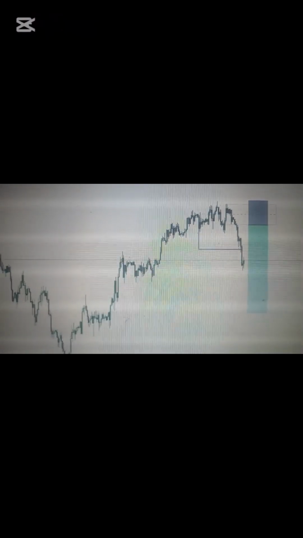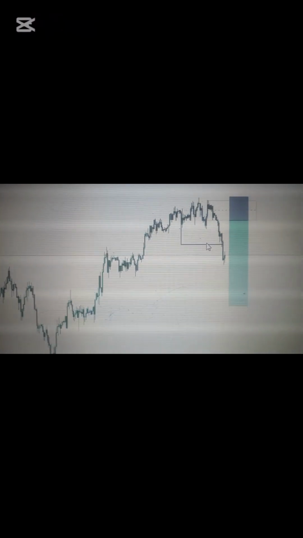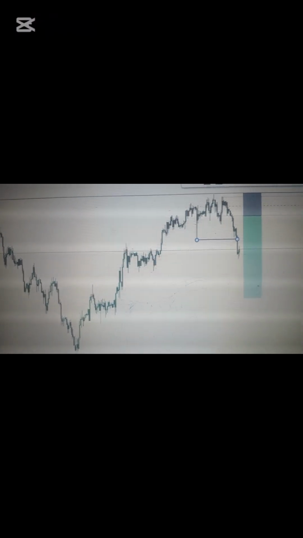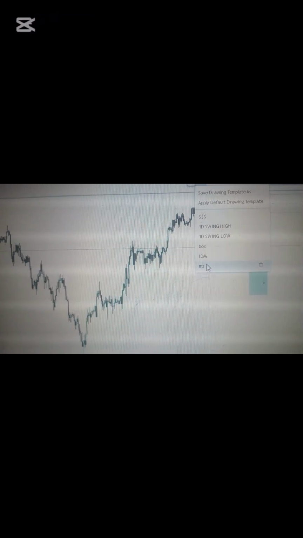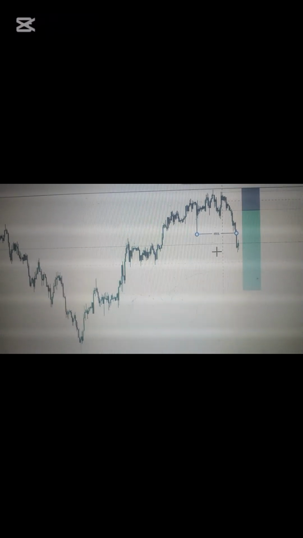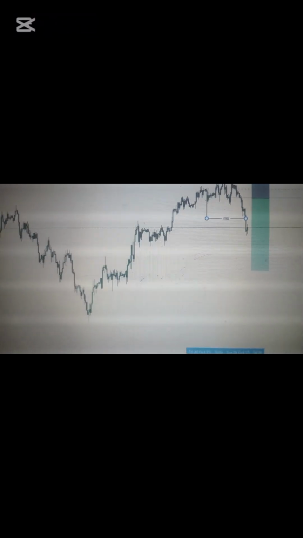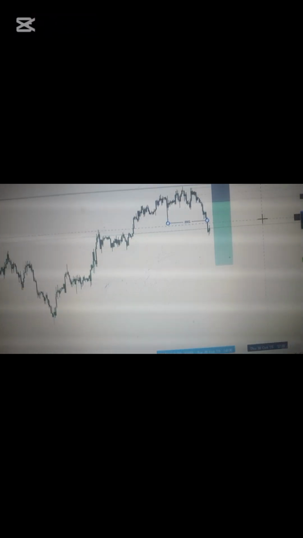USD JPY is giving us also a potential sell because it has given us a market structure shift already. It has given us a market structure shift, but all we want to focus on is either our B plus setup or our A plus setup.